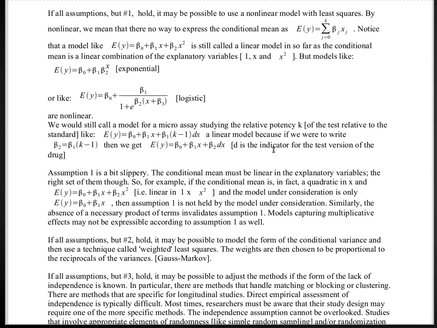Now, there's another issue connected with assumption 1 that needs to be mentioned again. Not only are we requiring that the mean be linear in the explanatory variables, but that we know in some sense that we've got the right set of those explanatory variables. Okay? So, for example, very briefly here, if by some means we've identified that the conditional mean is in fact a quadratic in X, like this one here, but we had only used the linear model, we would say that we have not satisfied assumption 1 because we've not used the correct, whatever that means, in a much more practical way.